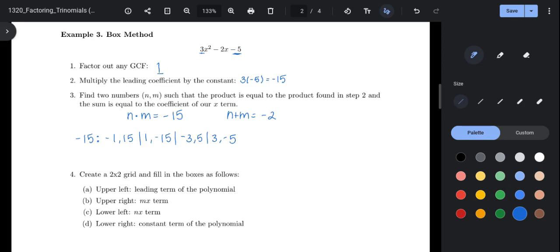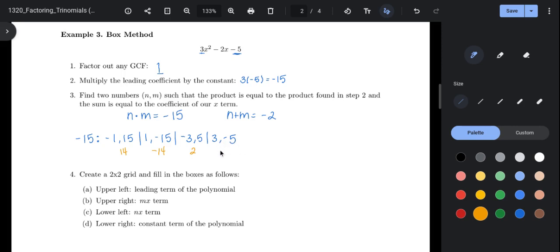So now all of these numbers, negative 1 and 15, 1 and negative 15, all these factors that we found, they all multiply to get negative 15. But now we need to check which ones add together to get a negative 2. So let's go ahead and add these factors together. Negative 1 plus 15, we get 14. 1 minus 15, we get negative 14. Negative 3 plus 5, we get 2.